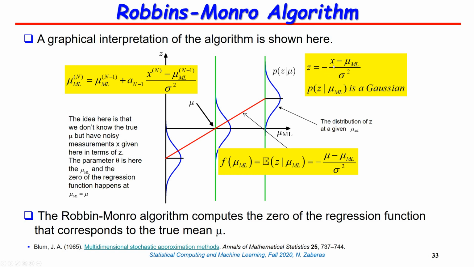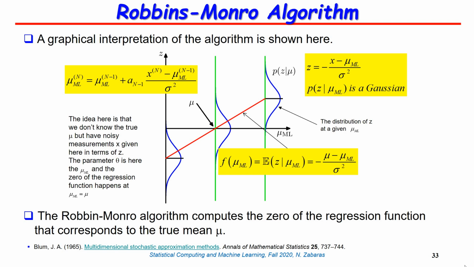So it is nothing else but minus mu minus your current MLE estimate divided by sigma squared. Again, this is your regression function, and this is the zero you want to compute. You want to find the MLE estimate that is equal to the true mean of your distribution.